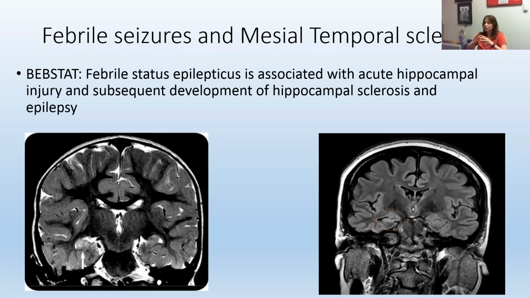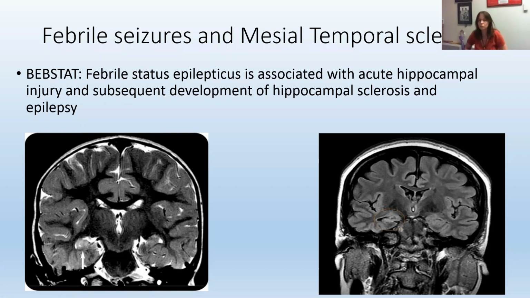And they have the typical temporal lobe seizures, which are complex partial seizures, start with a gastric rise, some kind of lip smacking, and they may then generalize. So when you ask an adult with mesial temporal sclerosis, quite a few of them have a history of febrile seizures.